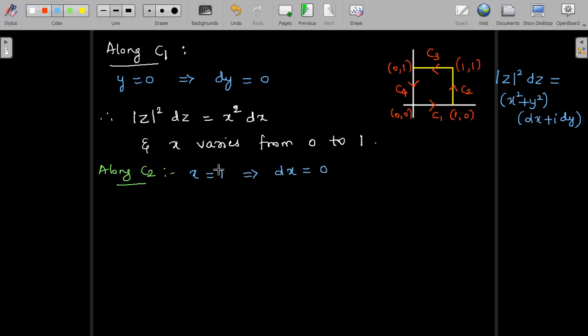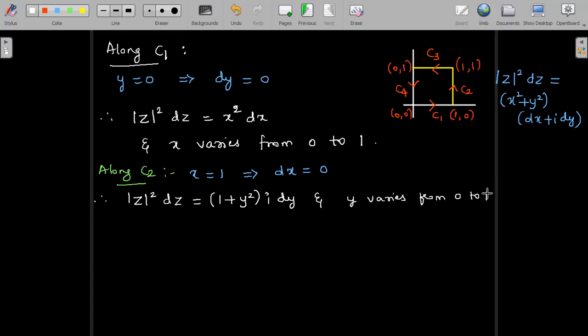Differentiation of a constant will be equal to 0. So what happens to mod z square dz when I substitute? Therefore mod z square dz will be equal to, substituting x is equal to 1, 1 square plus y square into dx, which is 0, so this is multiplied by i dy, and the limits are for y.